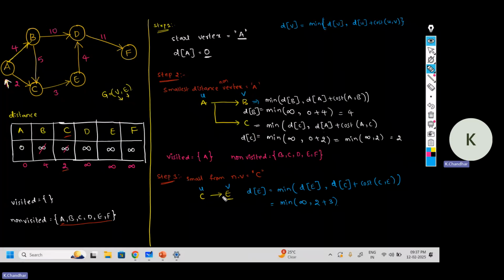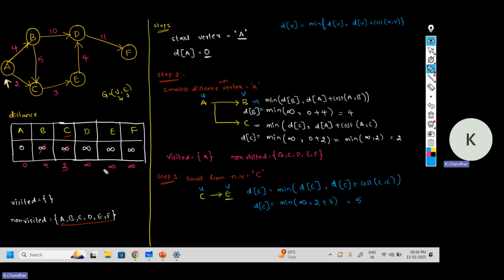So here, may I know what is the result? Minimum is 5. So at what place do I need to assign? D of E.